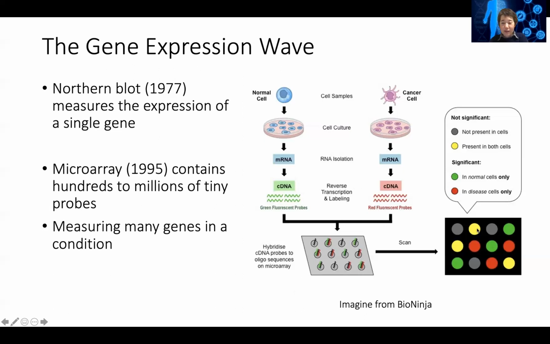Whereas if it's yellow, this gene is highly expressed at a similar level in both conditions. But if it's green, this is a gene that is highly expressed in the normal cell, whereas if it's blue, it will be a gene that's highly expressed in the cancer cells. And so this is really fantastic.